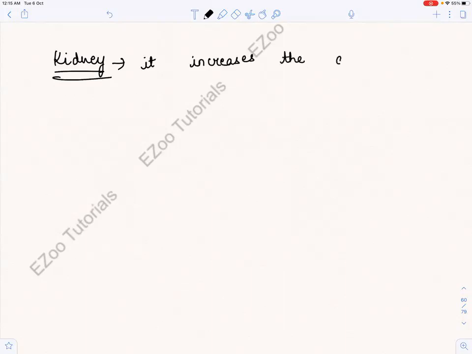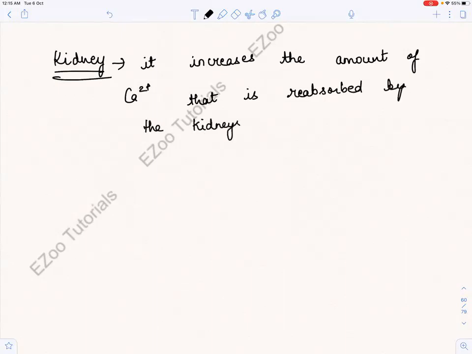It increases the amount of calcium that is reabsorbed by the kidneys back into the blood, right? What is happening in the kidney? It is increasing the amount of calcium that is reabsorbed by the kidneys back into the blood. So basically it is increasing the blood calcium level.